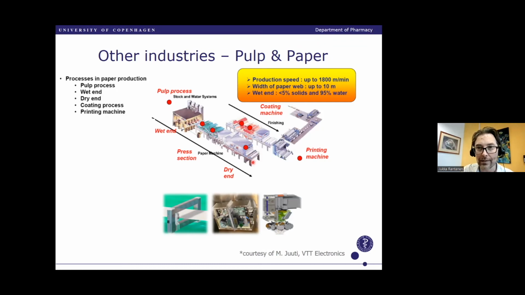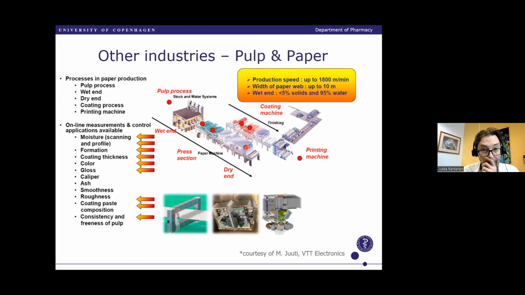These are very large units, and they contain water at high and also low content. And this is to some level very similar to tablet production. We have cellulose in the tablets, and then we have wet granulation, and then we want to dry it. So some principles can be taken from other industries.